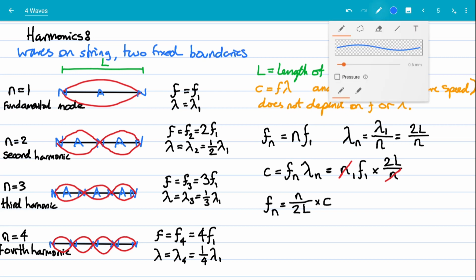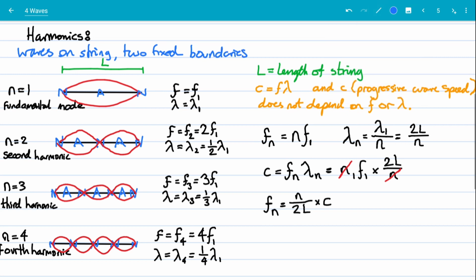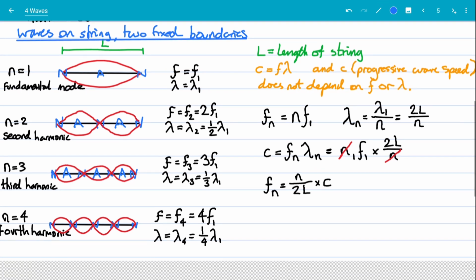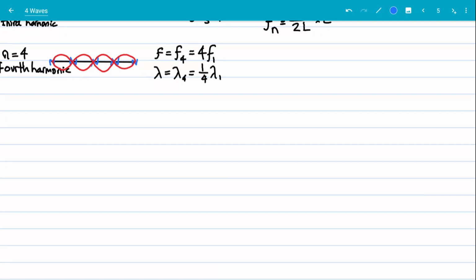But there are other ways of forming stationary waves where we don't have two fixed boundaries. We could, for example, have waves in a pipe, where one side of the pipe is closed and the other side of the pipe is open. So let's have waves in a pipe, and we'll just rattle through this very quickly.